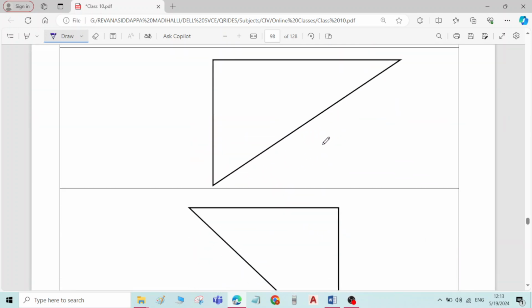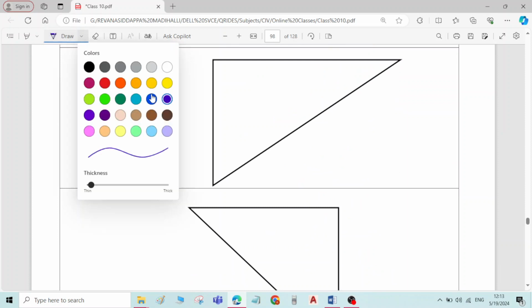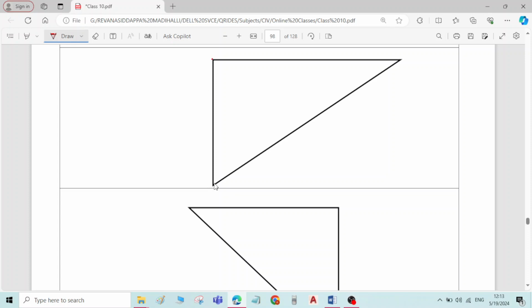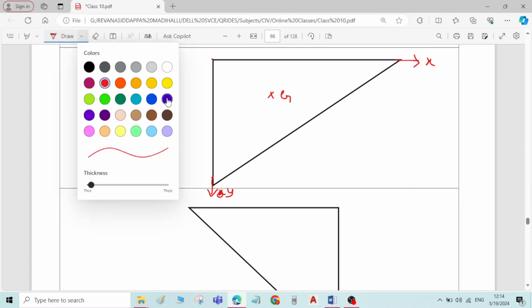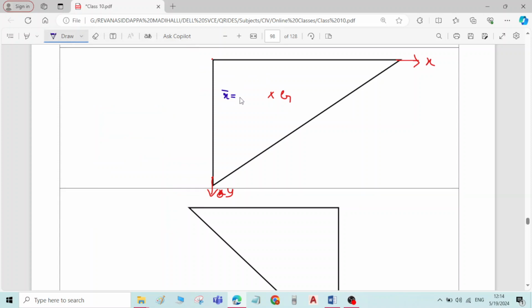Now here the same right angle triangle with different orientation. If I take the reference axis here, x and y, sorry, this is y, this is x. If G is the centroid, now the right angle triangle is coming in the fourth quadrant.